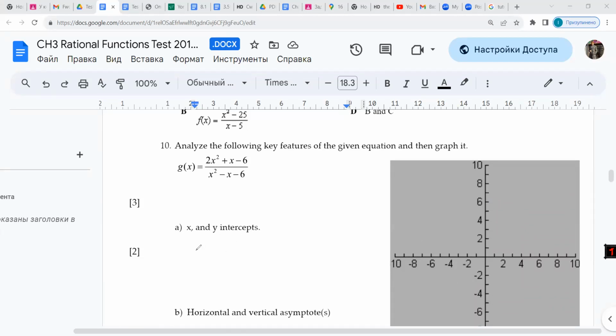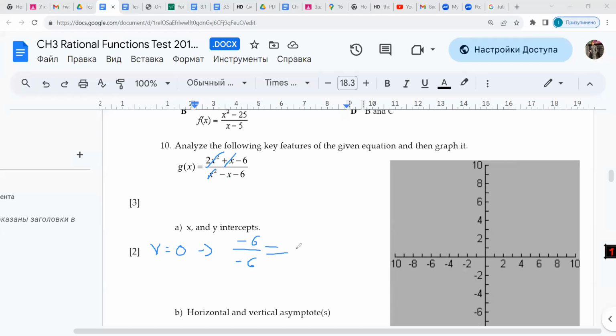X and y intercepts are fairly easy to find. First, we substitute x equals 0. This is the easiest part, I would say. This is how we find the y-intercept. If we substitute x equals 0, we're going to get negative 6 divided by negative 6, because these terms are going to get crossed out.